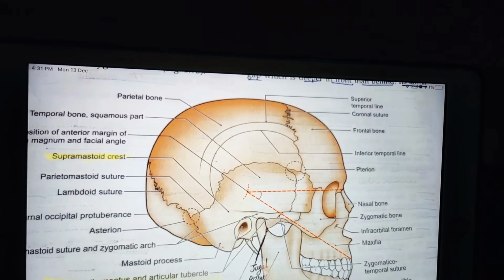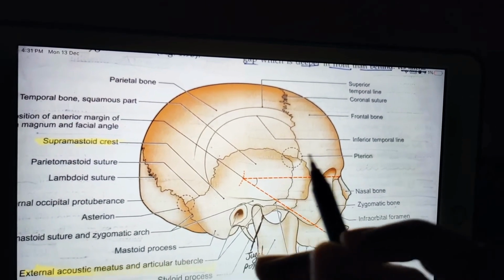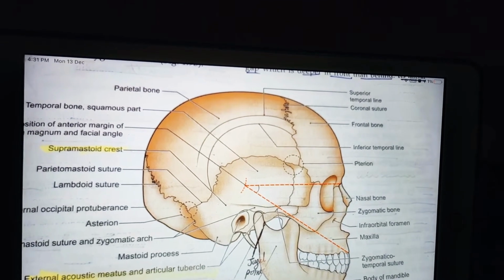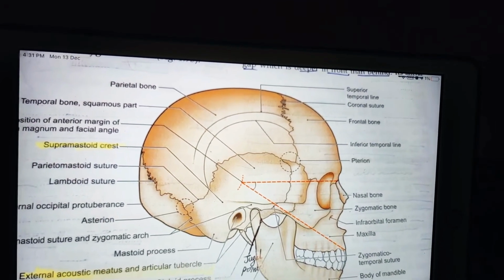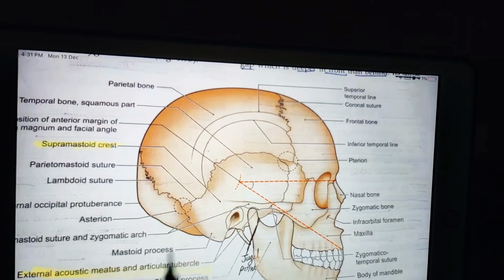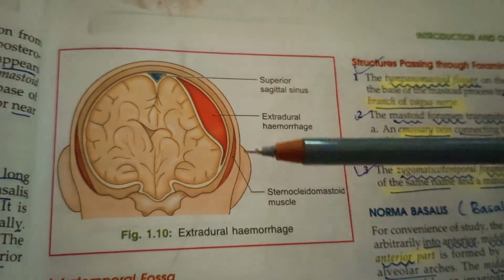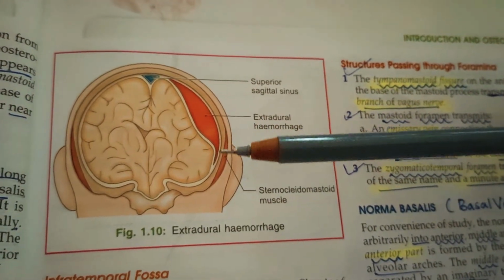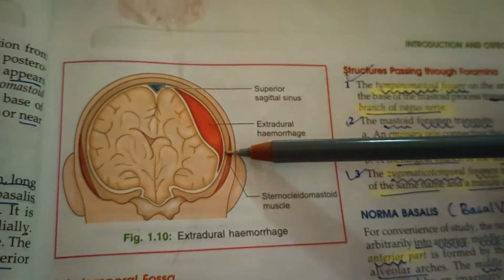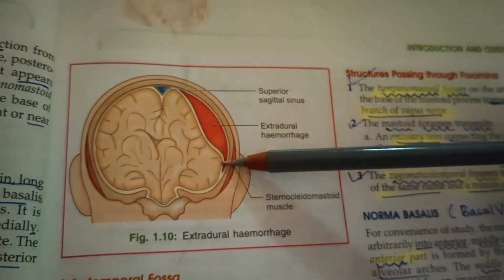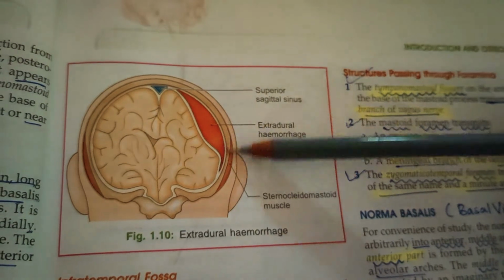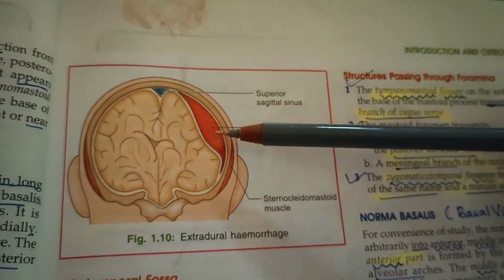Now let us see the clinical anatomy of the pterion. In roadside accidents, the anterior division of the middle meningeal artery can rupture here, and this leads to clot formation. You can check out that diagram, where there is a clot between the skull bone and the dura mater, or extradural hemorrhage.